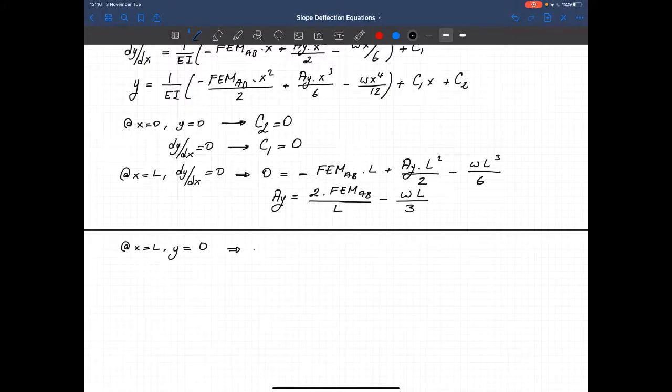From that equation I obtain the following: minus fixed moment AB times L squared divided by 2 plus AY times L cubed divided by 6 minus W L to the power 4 divided by 12 is equal to 0.